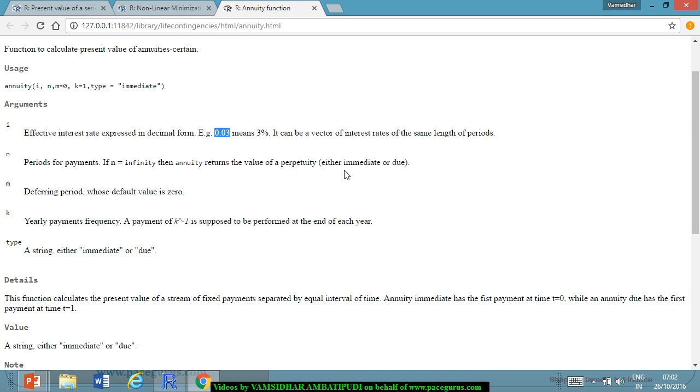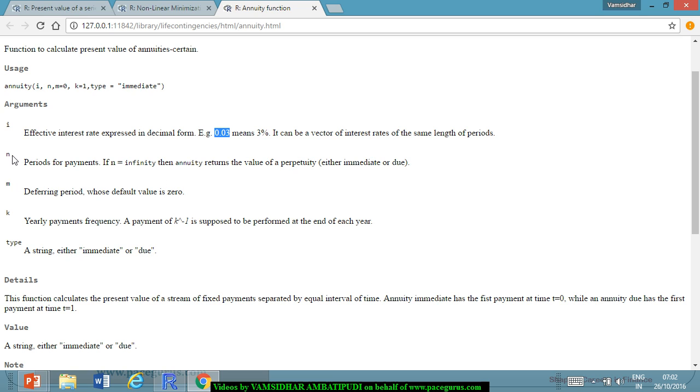Otherwise, I have to give it as a vector of interest rates. Depending on how many time periods I am giving, I need that many interest rates. So if each period has a different interest rate, I have to specify it that way. In many of our initial calculations, we may have one single interest rate itself.